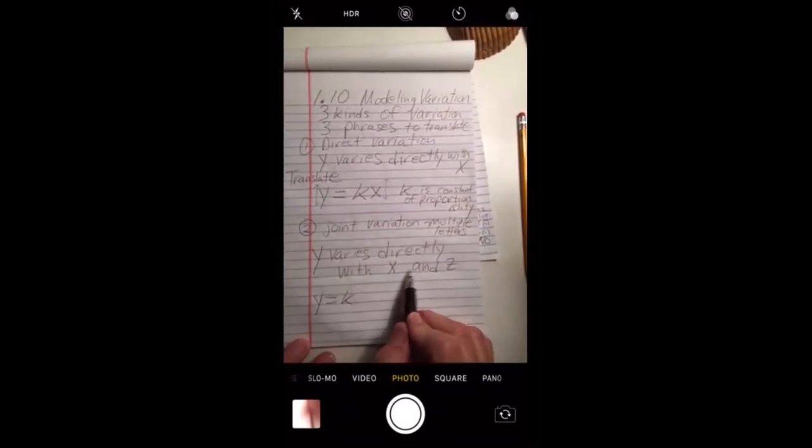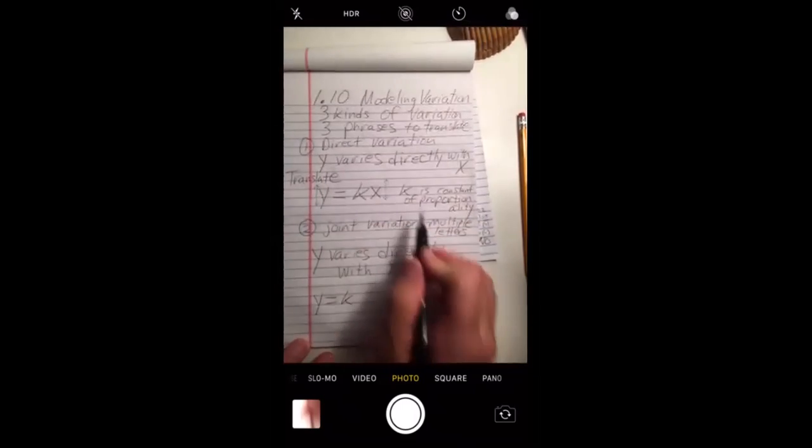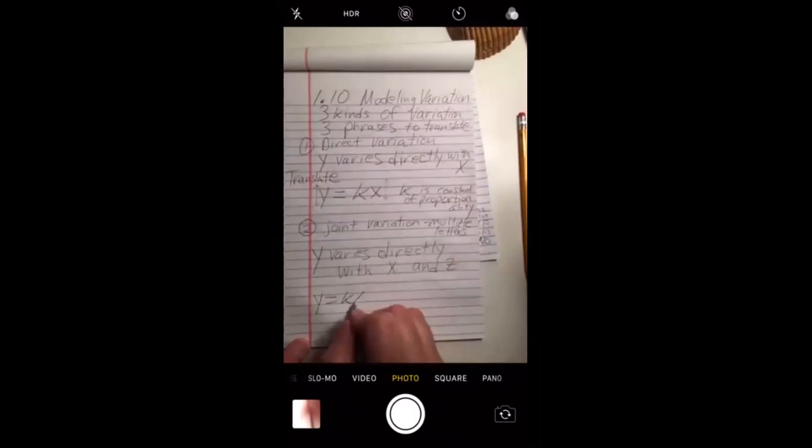And then they'll give you multiple letters, and it works exactly like direct. They all go on the same line. Any of these letters increase, Y increases. If either one decreases, Y decreases. They behave exactly the same.